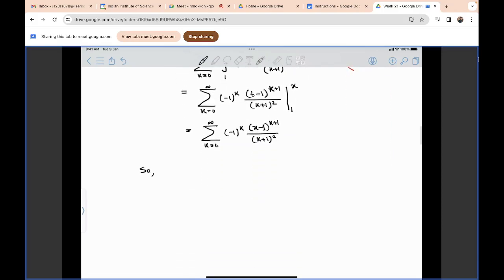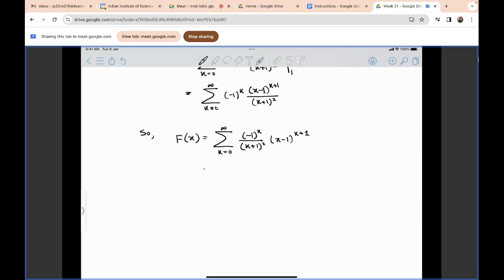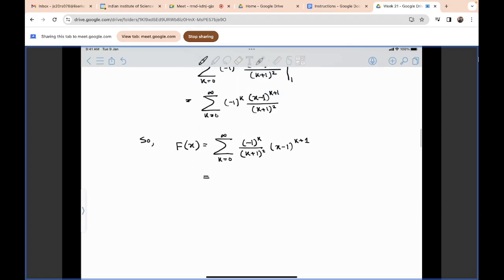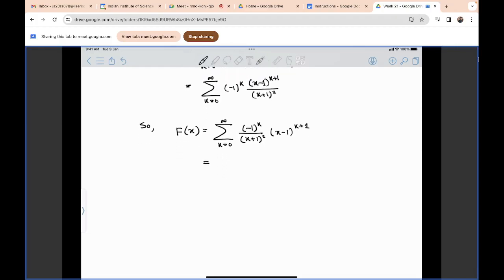So f(x) is the summation k equals 0 to infinity of minus 1 to the power k by (k plus 1) square, (x minus 1) to the power (k plus 1). Note that this is exactly the Taylor expansion of f about the point 1.